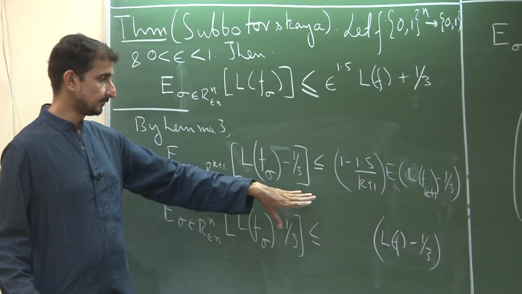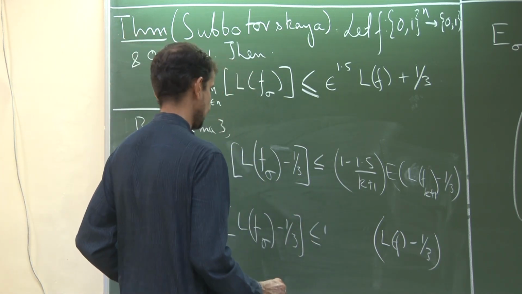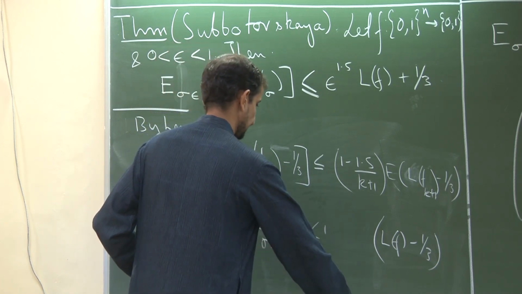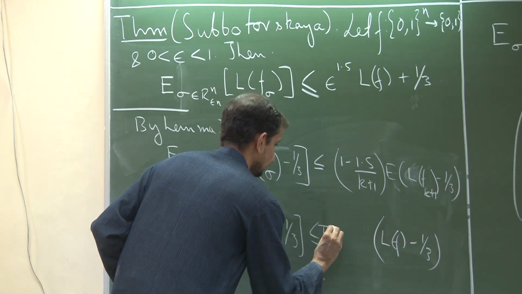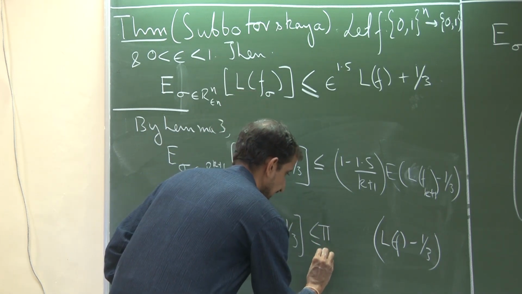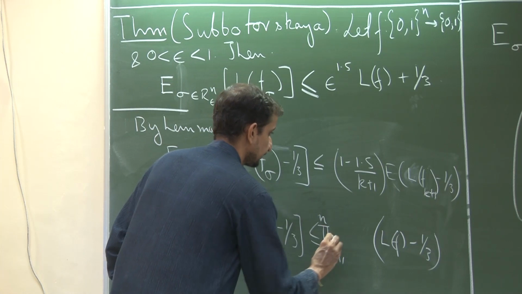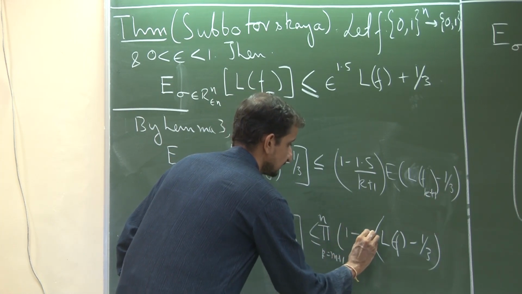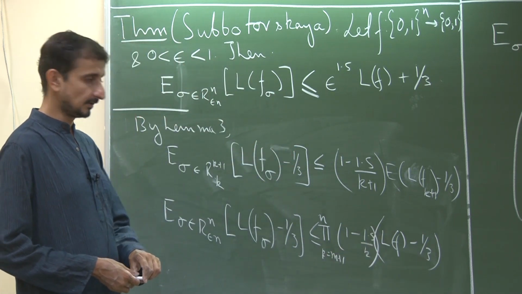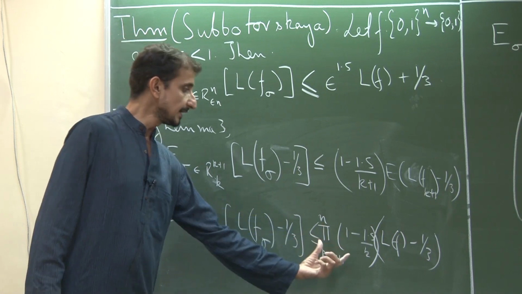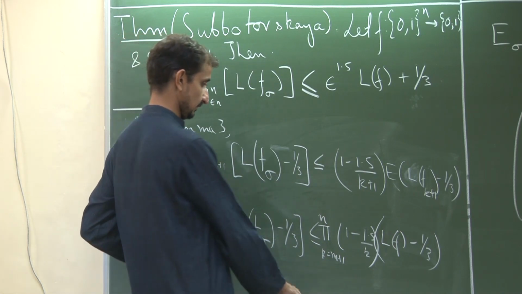So how many times do I have to apply this? In fact, it will be a product, each time I apply this. So product of k going from m plus 1 to n of 1 minus 1.5 by k, right. Every time I do this I am adding an additional multiplicative factor of this quantity.